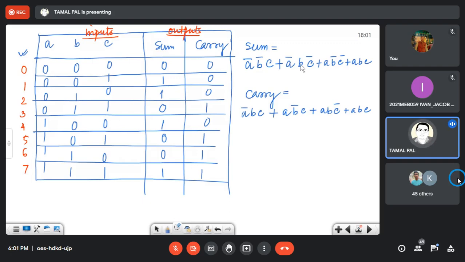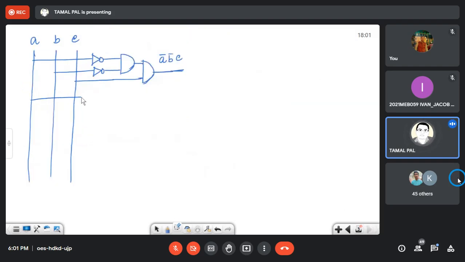A complement, B, C complement. A bar, B, C bar. So this is A bar, B, C bar.